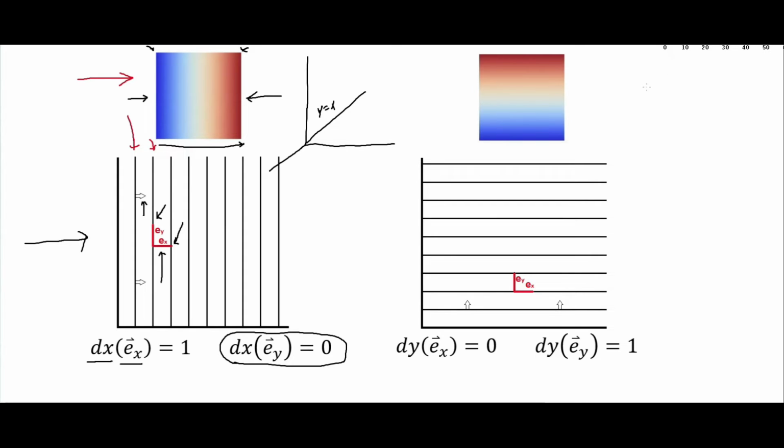And then this is just the same thing for y, and so we can see that our y pierces once and our x does not pierce at all, and so the dx with the e_y right here is 0, and the dy with the e_y there is 1.